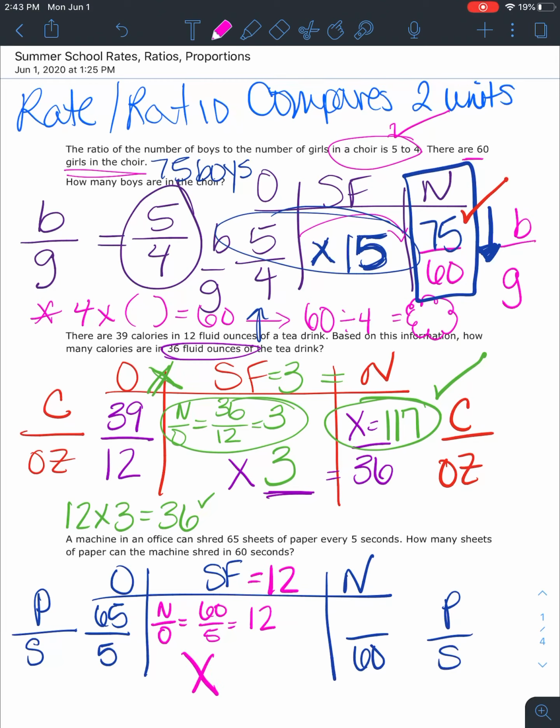That means I'm going to multiply everything by 12 to get my answer over here. So this looks like it's going to be a pretty big number, don't you think? All right, so I'm going to do 12 times 65, and 780 is my answer. Okay, so hopefully that helps.